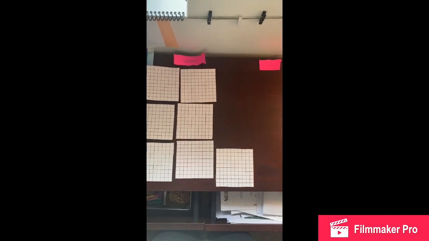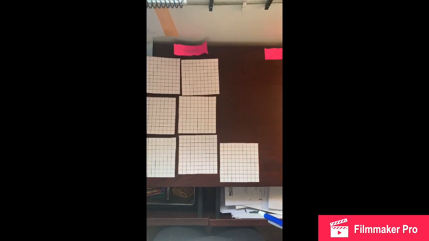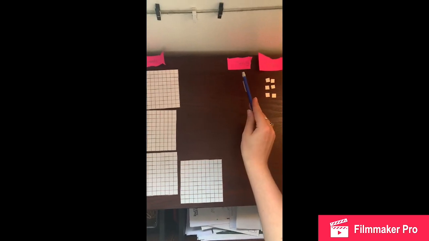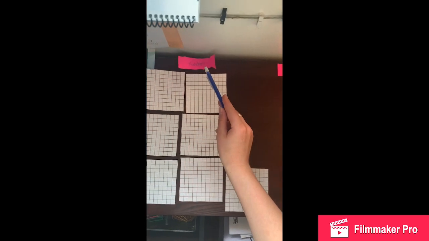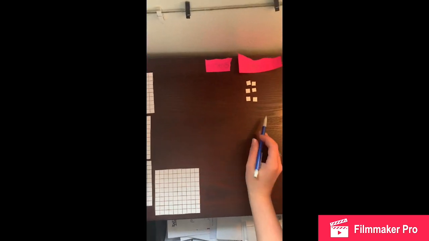All right, so returning to the group, we are going to look at 706. As we can see here, this is my full number. I have my 1s column, my 10s, then over here I have my 100s. In the 1s column, we had 6 1s.